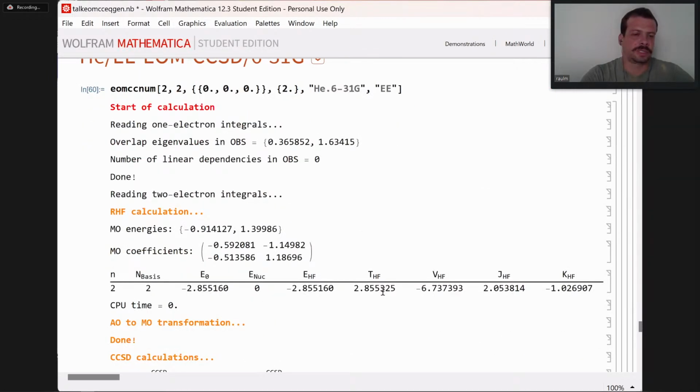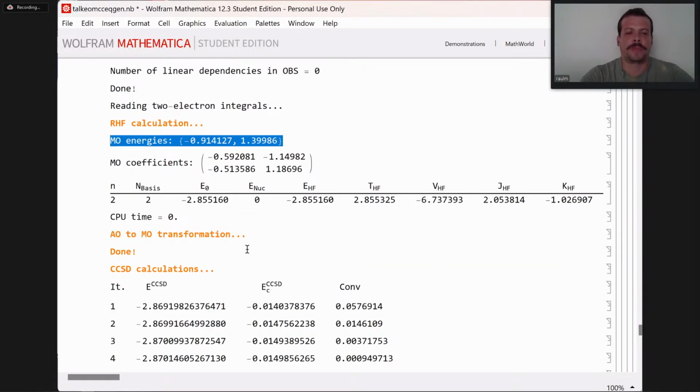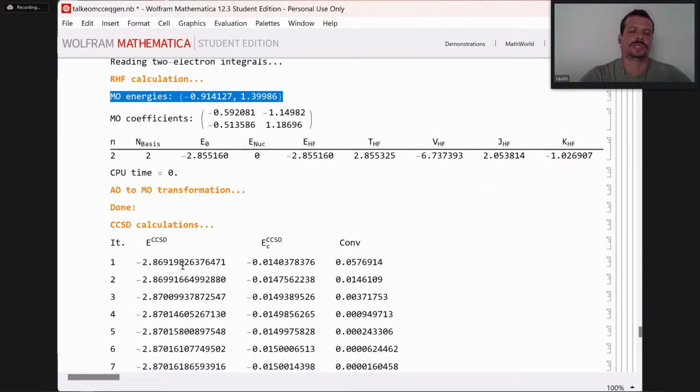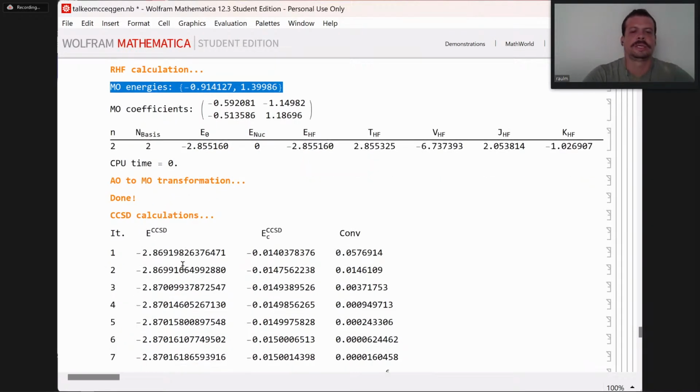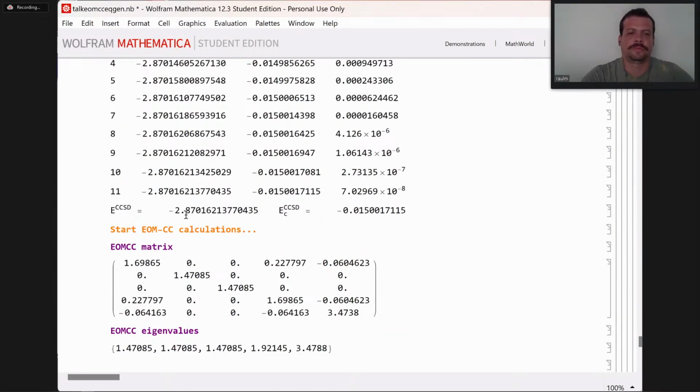So first we obtain the orbital energies. So here are what we call the molecular orbital energies. Then it's doing the coupled cluster singles and doubles equations. You can see that it is iterating until it obtains the minimal energy of the ground state. And then it starts with equation of motion coupled cluster.